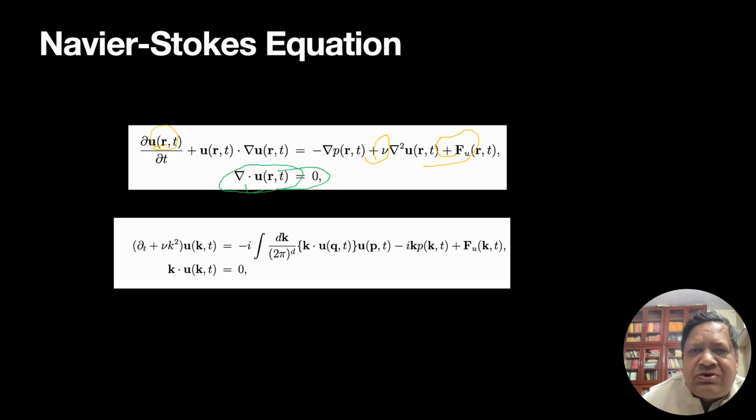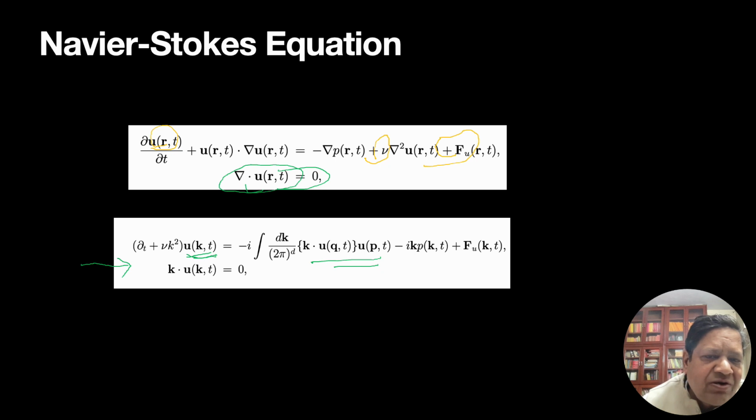Some renormalization group calculations or field theory calculations are done in real space, but in this lecture we will focus on Fourier space, where these calculations are easier, or I would say more standard. So U of k is the Fourier transform of U of r, and the nonlinear term becomes a convolution.